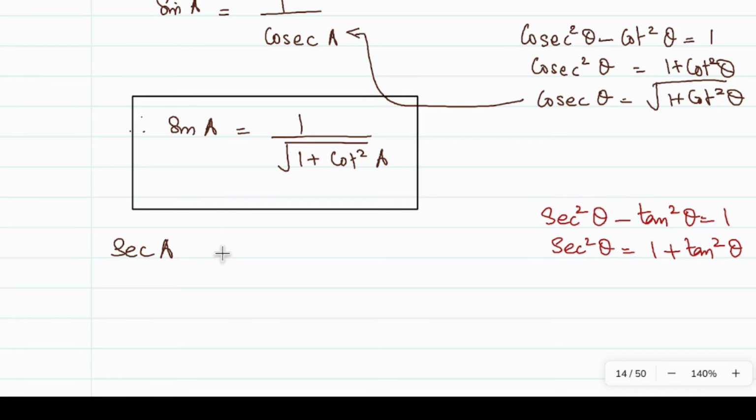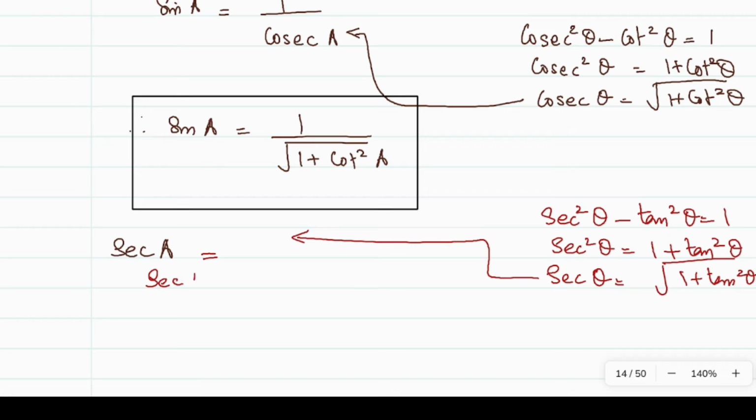Here in place of sec A, sec will be equal to root of 1 plus tan², right? So here we can insert this equation in this place. So I can write sec A equal to root of 1 plus tan²A.